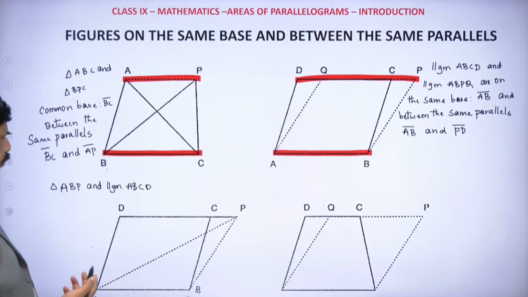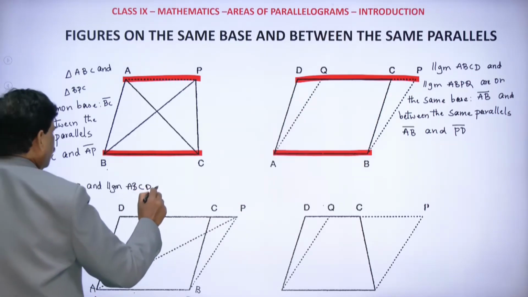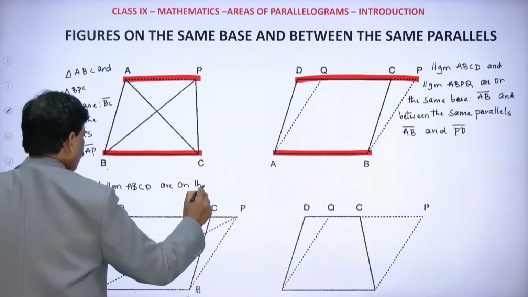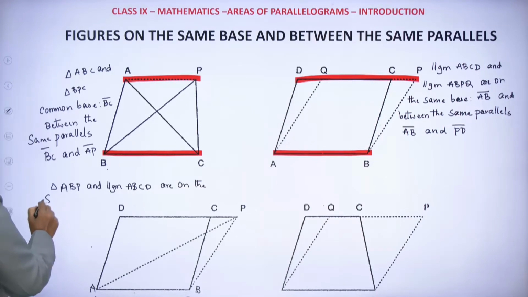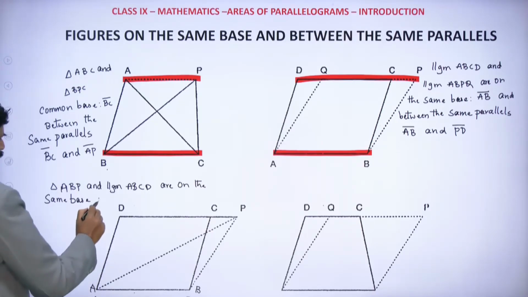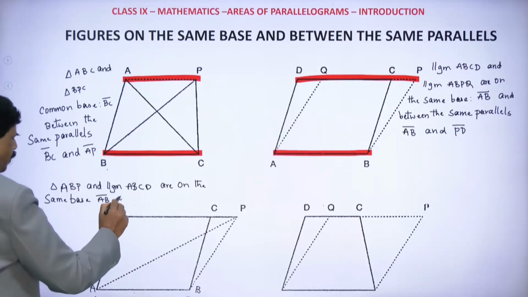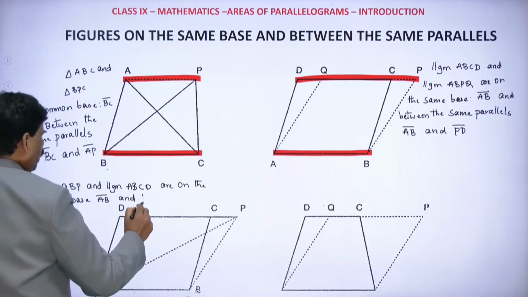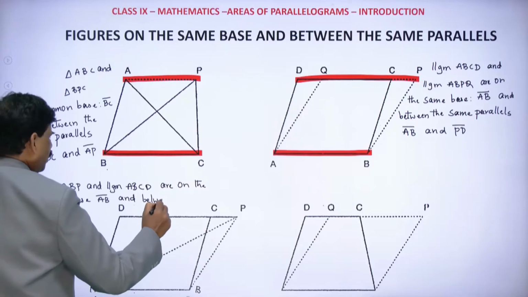Clear? Where are they? They are on the same base. What is the base here? The common base is AB.